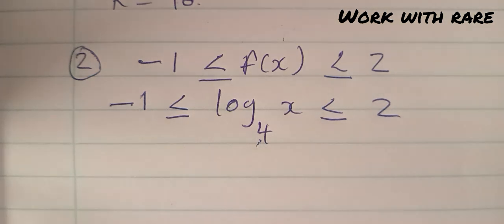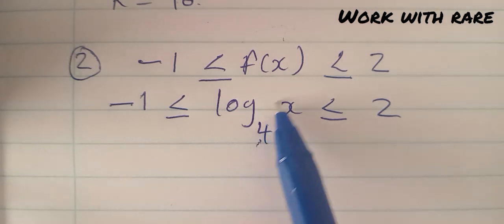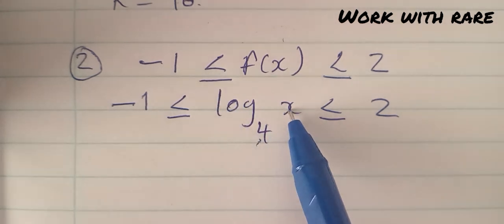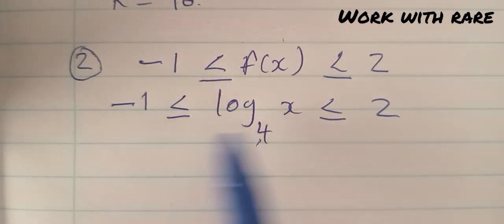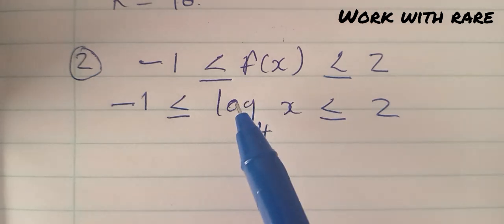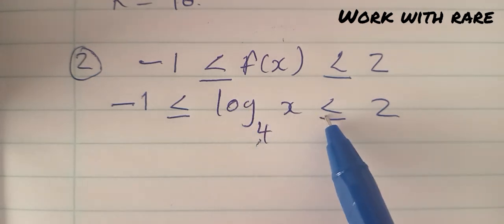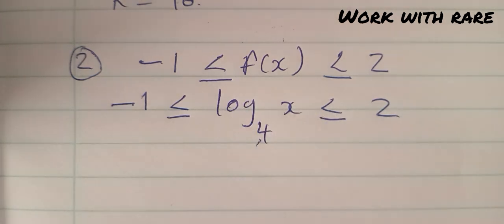It's like I'm calculating the value of x, but I will do it on both sides. This is the same as log base 4 of x equals -1, and another one like log base 4 of x equals 2. Then you have to calculate the value of x. This is the same as that, just that they are placed together.